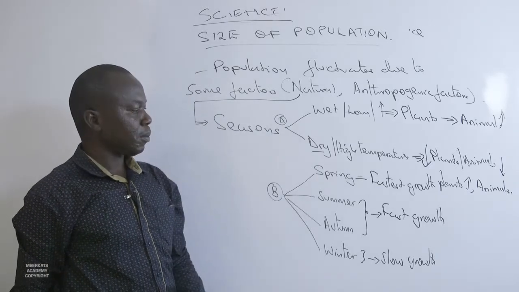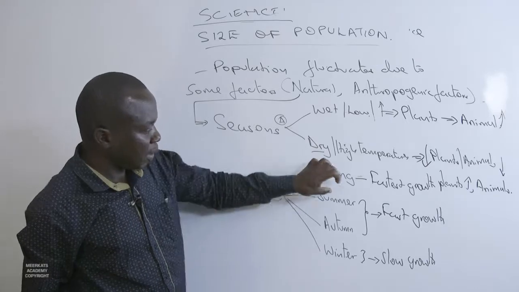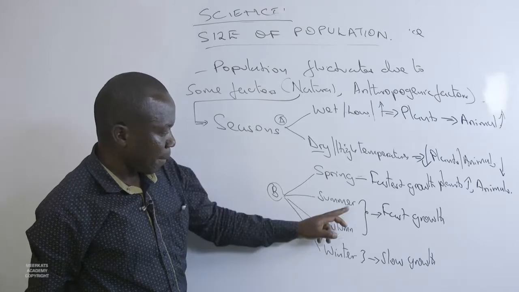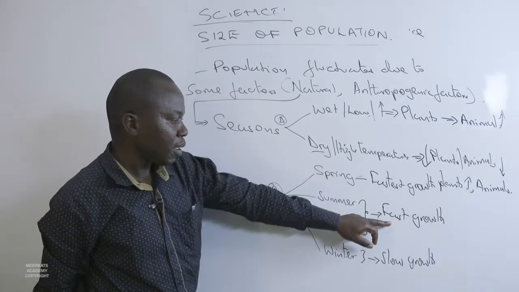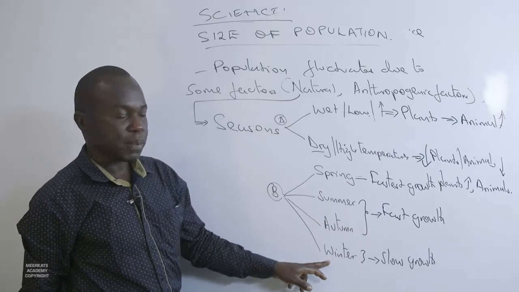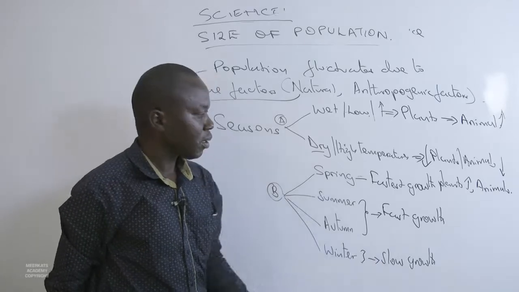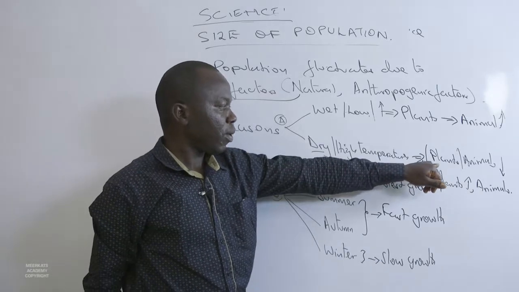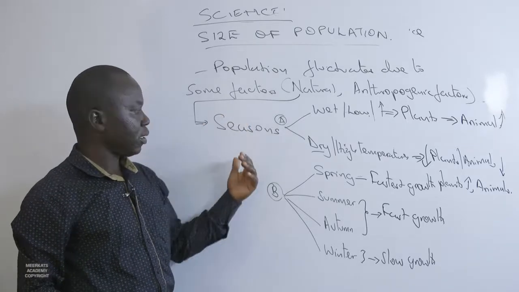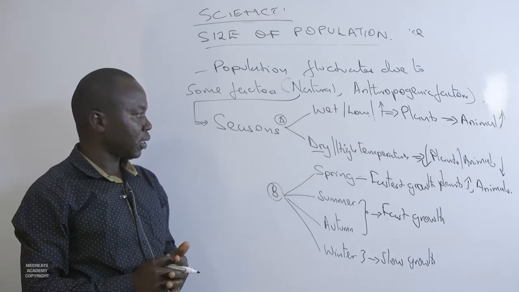There is flowering, seeding, and fruiting, just to utilize the conditions very well. In summer and autumn, there's fast growth, but it cannot be compared to this. But now in winter, when the temperatures are very low, there is a slow growth rate, leading to fewer plants and fewer animals. So that's how the seasons can affect population sizes.